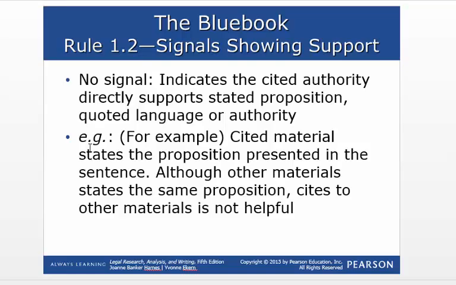You use it for example, like if the statement reads, most judges believe that the next appointee to the U.S. Supreme Court should be younger, and you want to cite to the authority that said that, you could say, for example, and cite to a couple surveys or a couple articles in the newspaper or a couple journal articles where judges were generally interviewed over a period of time and really said that the U.S. Supreme Court appointees should be younger, and that would be when you use e.g.